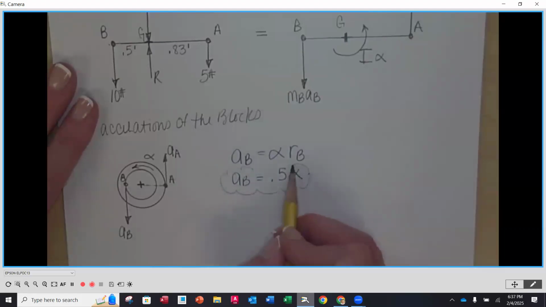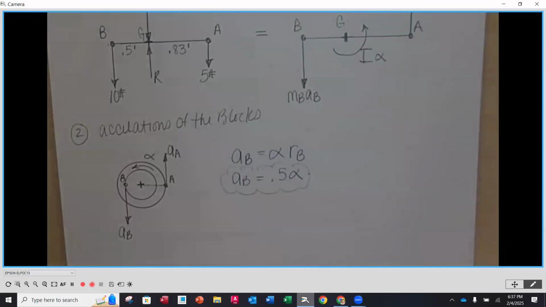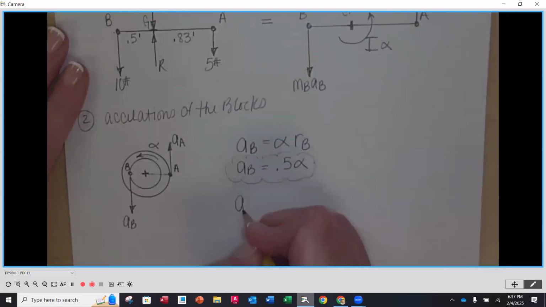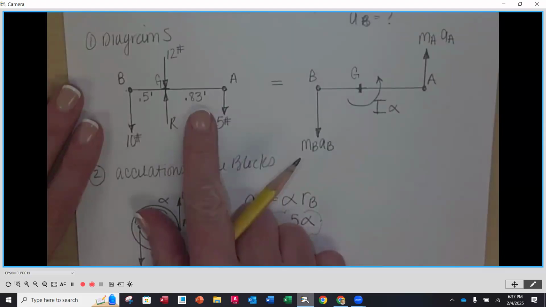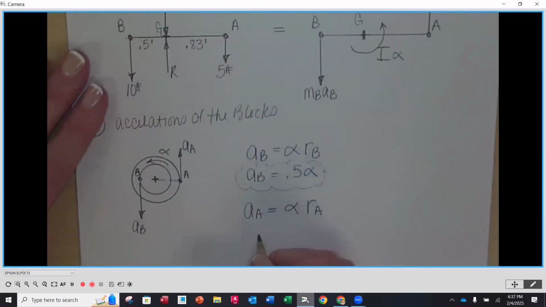This is the tangential component at B in terms of the angular acceleration. Then we do the same thing for A. Acceleration at A is alpha, which we don't know yet, which is okay, times the radius to point A, and we know that to be 0.83 feet. So a_A is 0.83 times alpha.